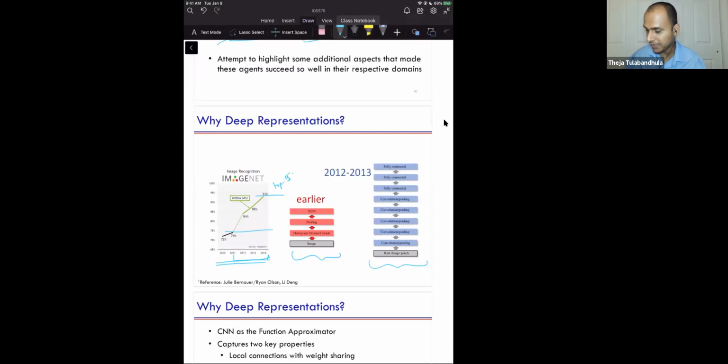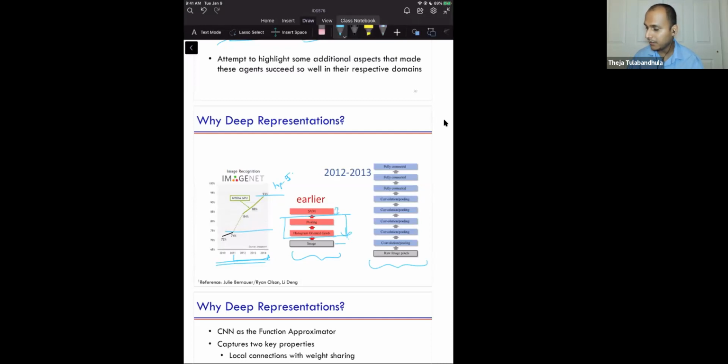Previously, for example, you would have an image, and you would create a lot of features. This is histogram of oriented gradients and things like that, or edge detectors and so on. They're all handcrafted feature engineering. And then you would apply a shallow model like an SVM to do, let's say, image classification.